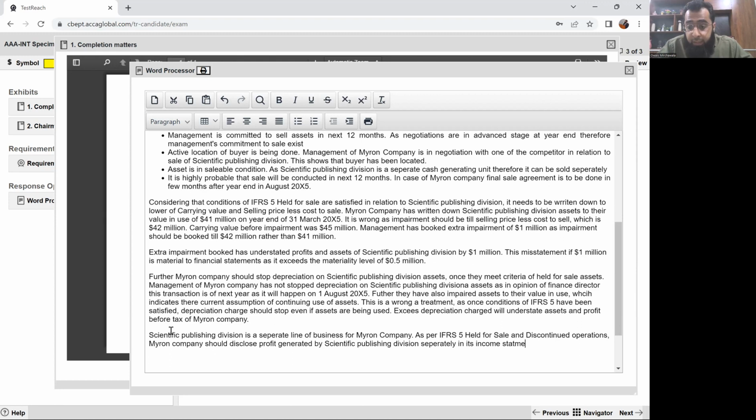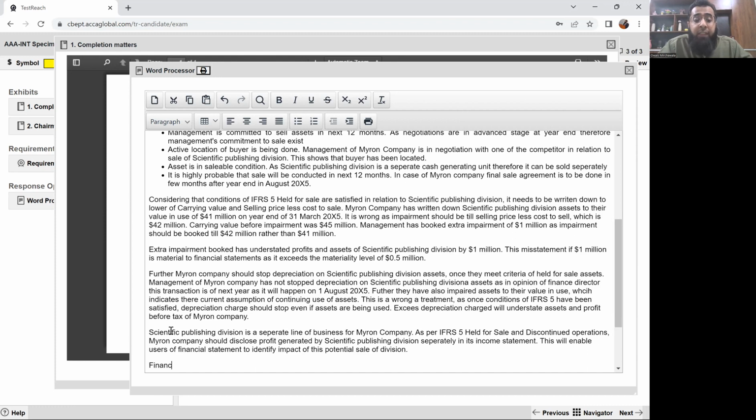This will enable users of financial statements to identify the impact of this potential sale of division. Since it is a separate line of business, as per IFRS 5, it should be shown as a separate line item also.